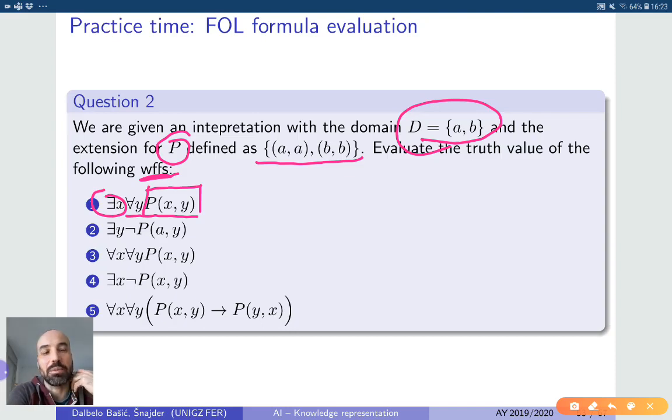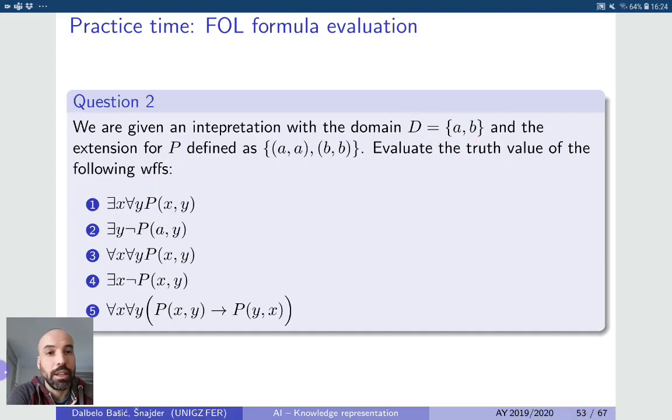That doesn't work because PAB is not in the extension of P. If I take x to be b, then I would need PBA and PBB. Well, PBB is okay, but PBA is not covered by the extension of P. So I conclude that formula 1 is not true. Okay, so it's false.